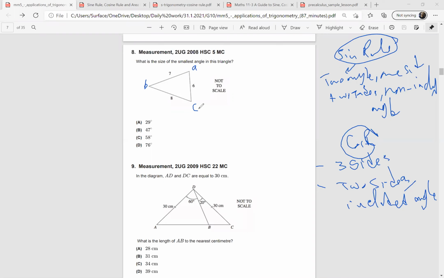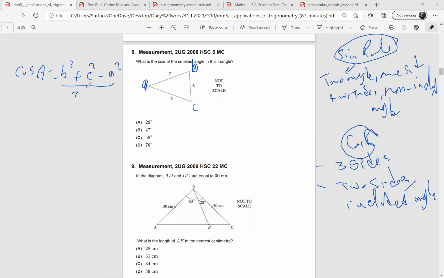Okay, so cosine A equals B to the power of 2... cosine A equals B squared. Mister, in the drawing can I put B in place of A? A, B, C as you like. Okay, thanks. B squared plus C to the power of 2 minus A to the power of 2, over 2BC.